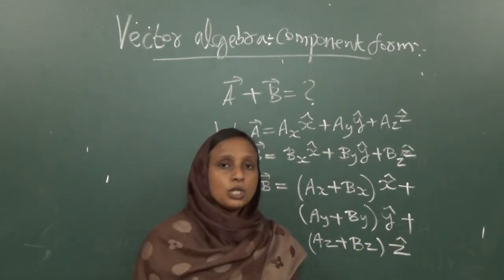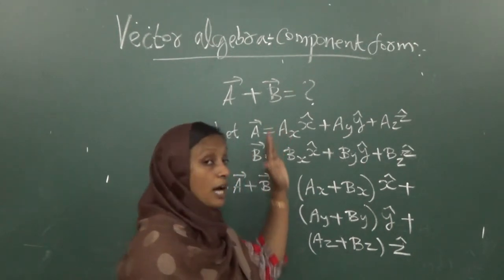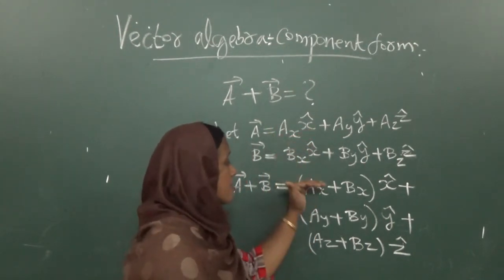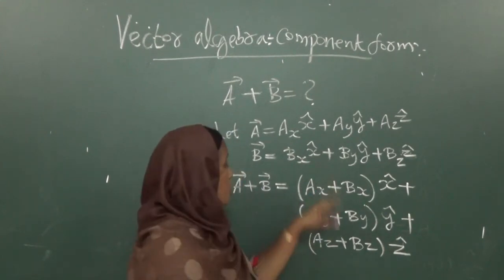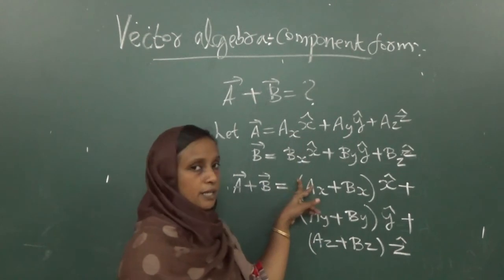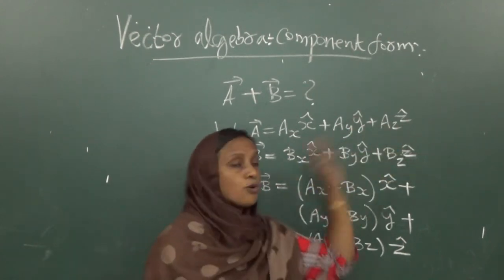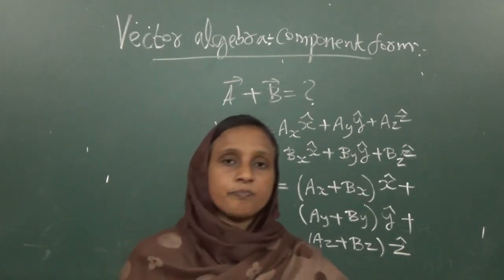So, in order to add two vectors, we have to add their like components. To get the x component, we add x components, and similarly for y components and z components.